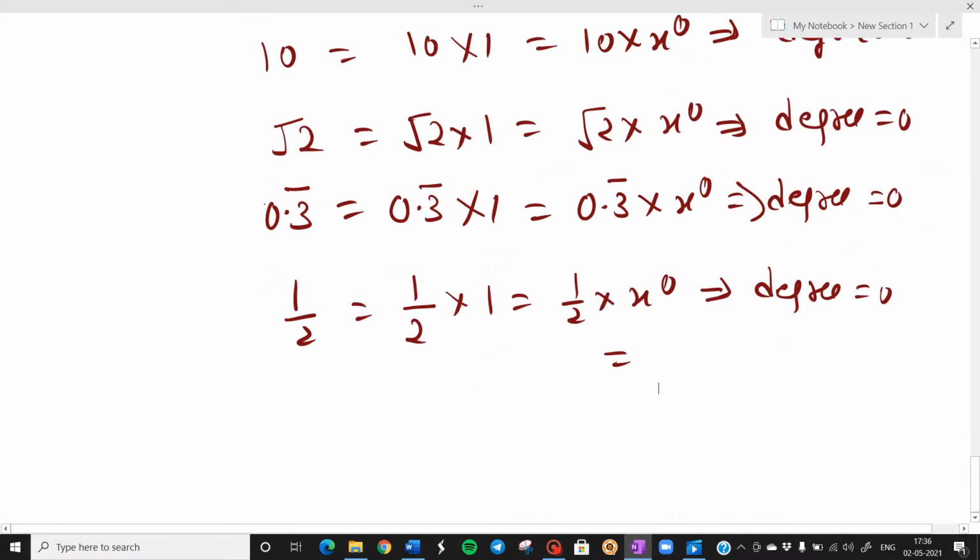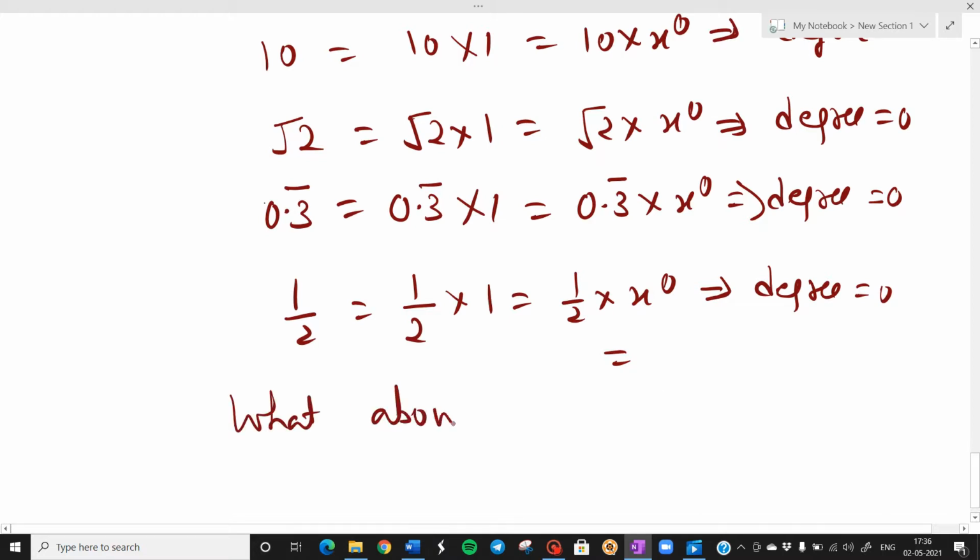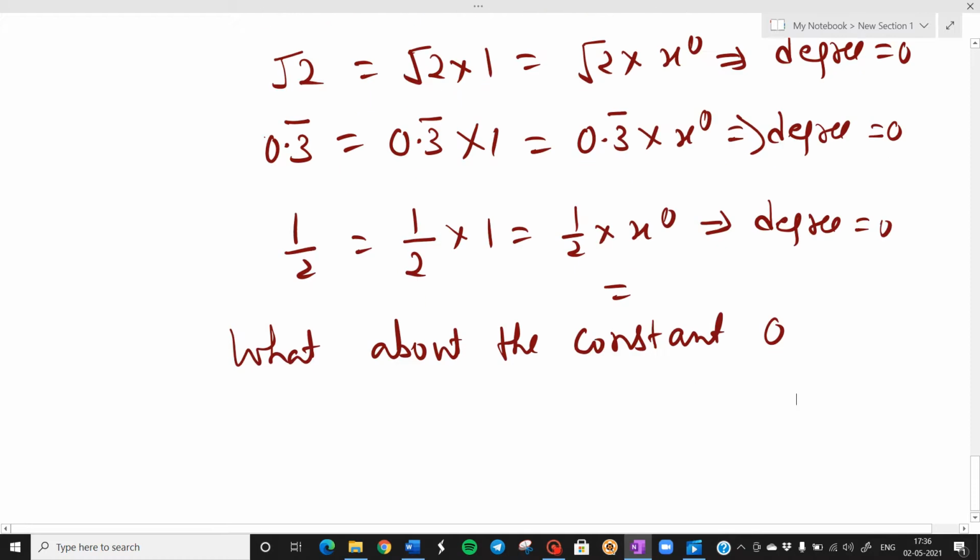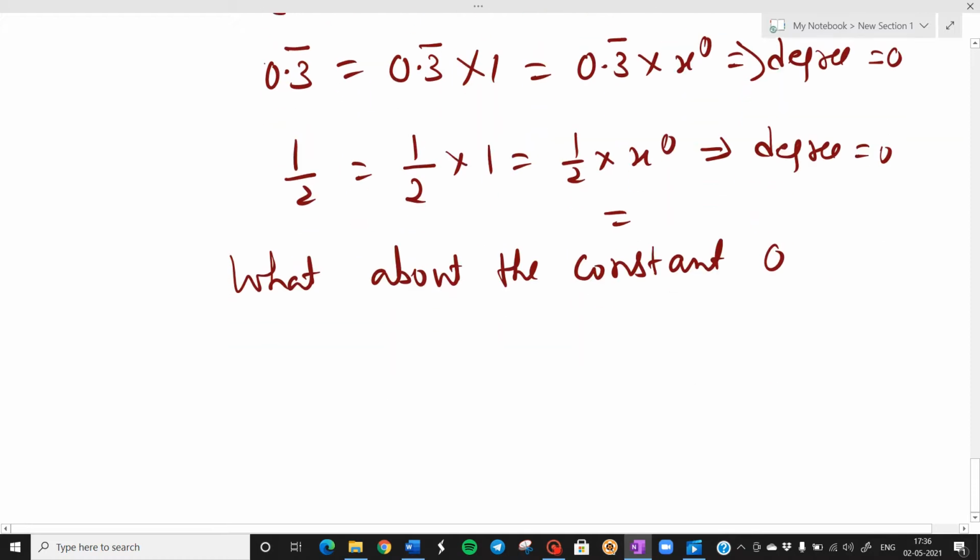Now, but what about the constant zero? When the constant is zero, what is its degree? See, zero can be written as 0 into 1.